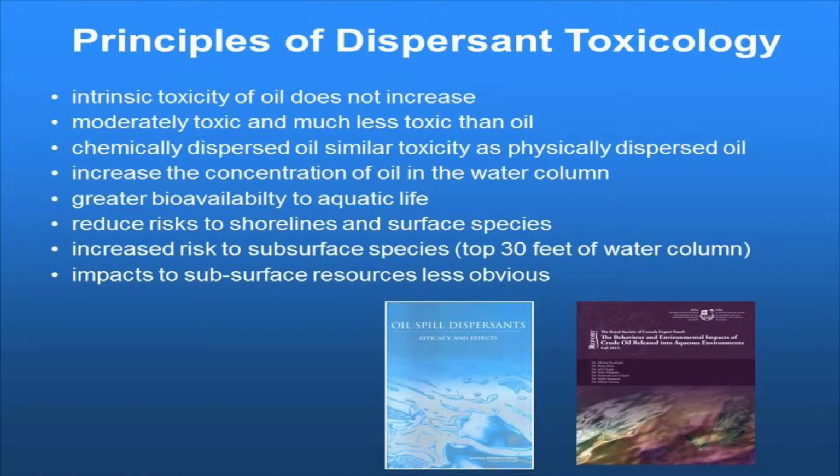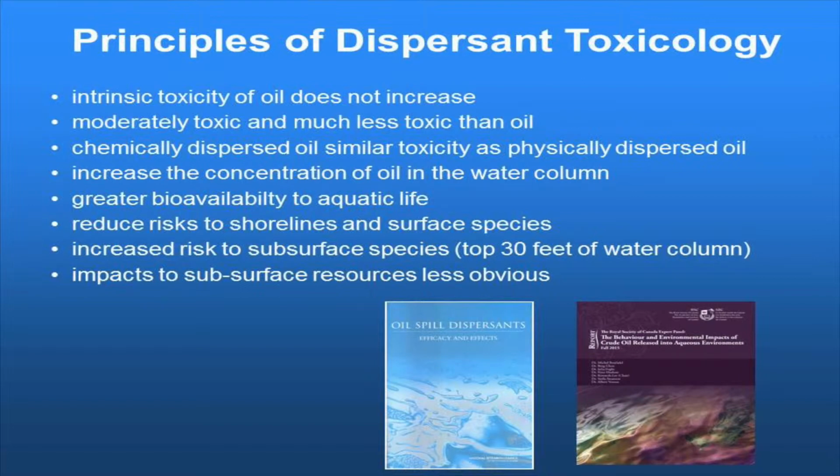So here are some general principles, gleaned from about 20 years of dispersant toxicology research. Dispersants don't increase the intrinsic toxicity of oil. All they do is put more oil back into the water. Dispersants are moderately toxic and much less toxic than oil. That was a huge concern during Deepwater Horizon.